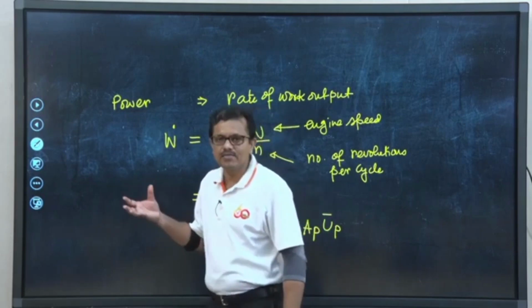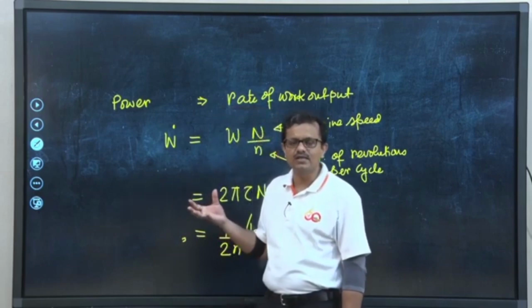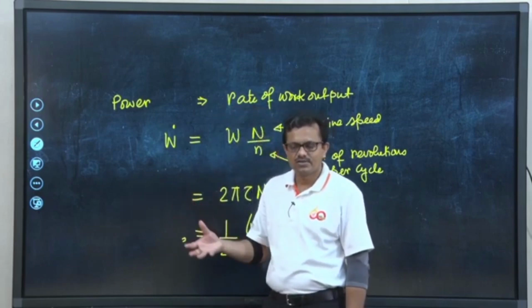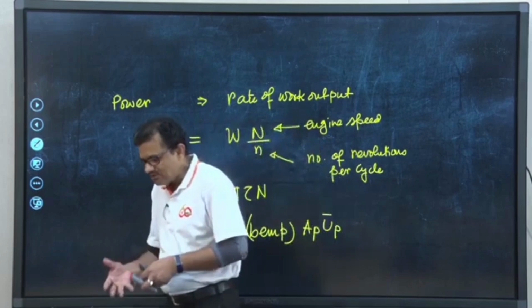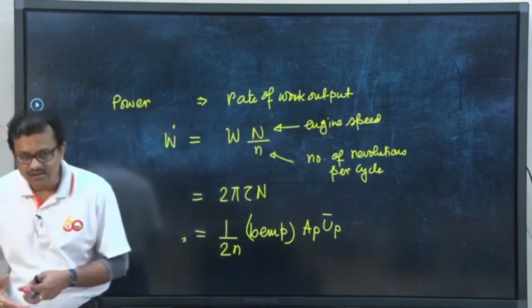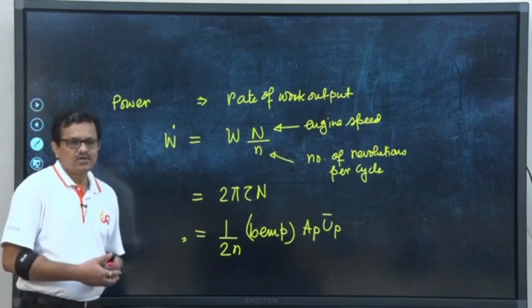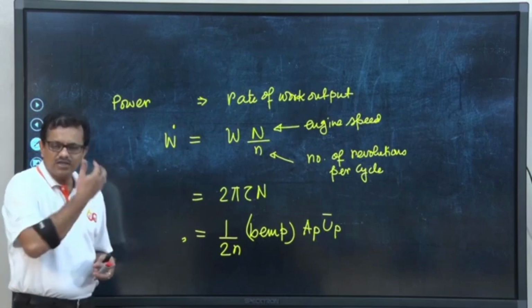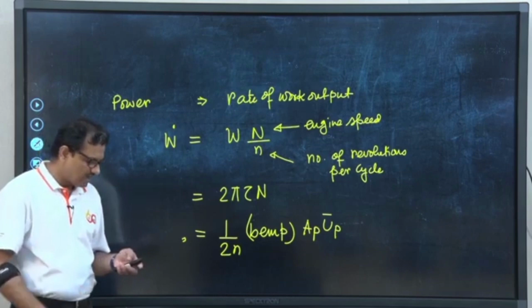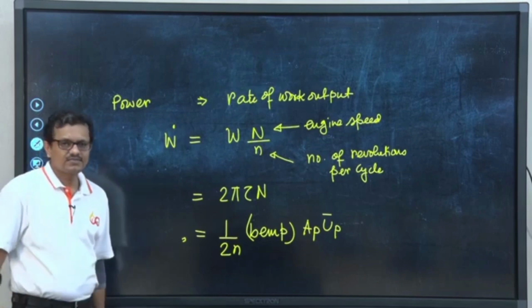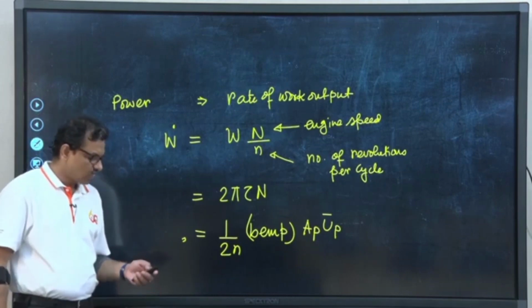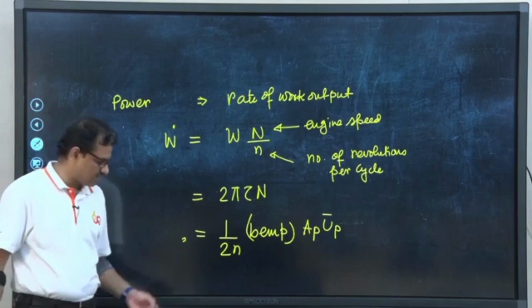So, basically this is the amount of work which we are getting from the engine at the cost of what. So, we also need to look at what is the input energy to the engine, and to express that we also need to define a few parameters.